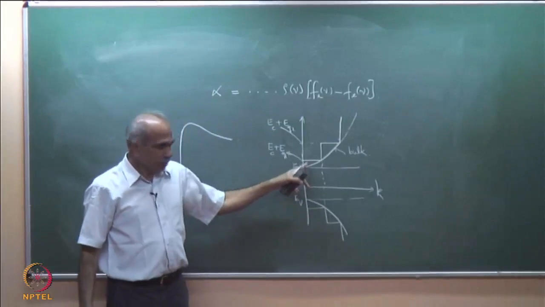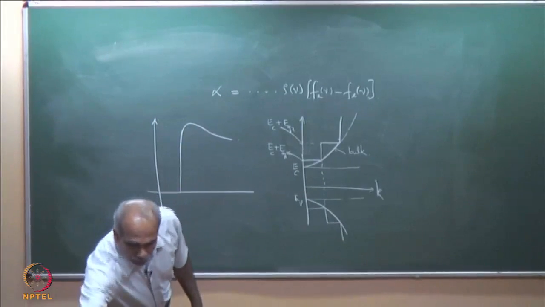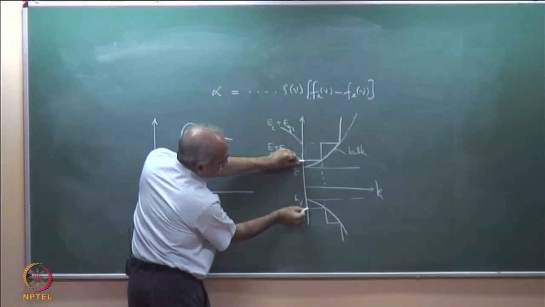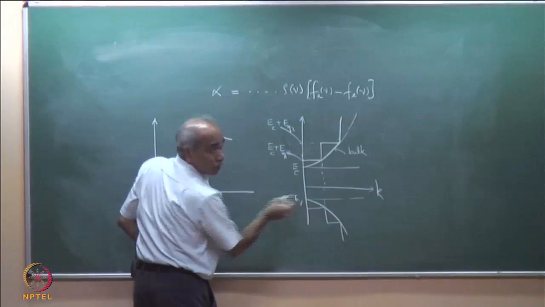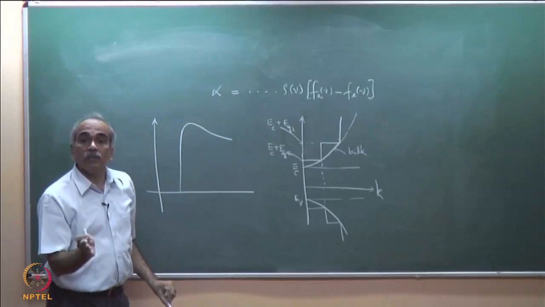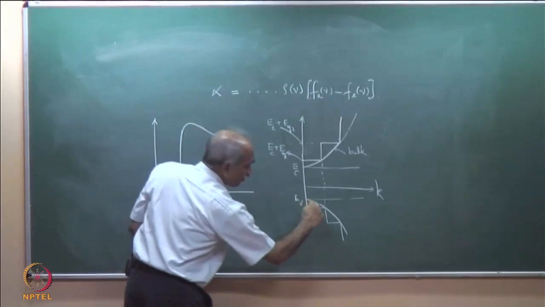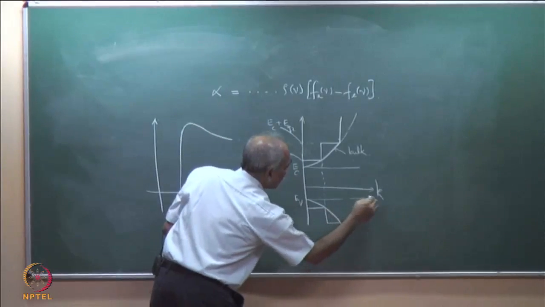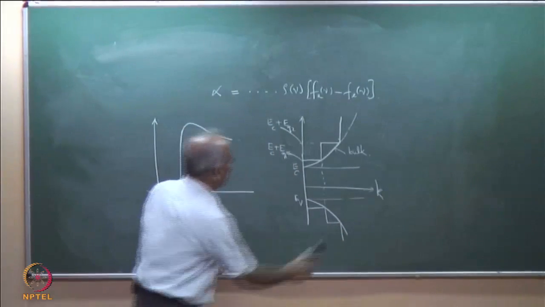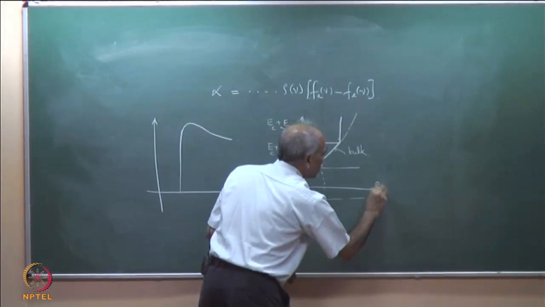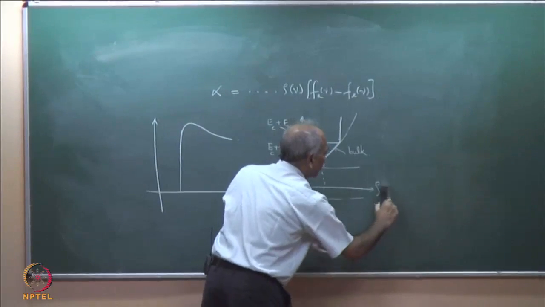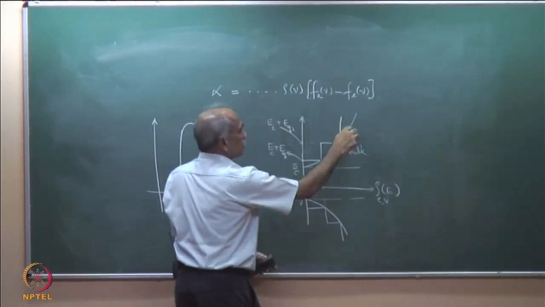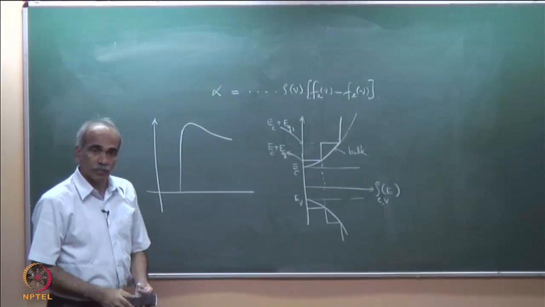What does this mean? This means that for all photon energies from this gap here Eg up to this, the density of states is constant. Therefore, the absorption should remain constant. This is rho of E, c comma v, for c and for v.